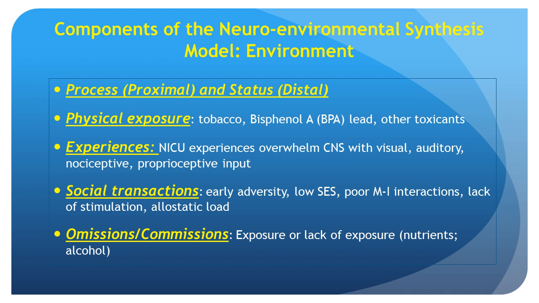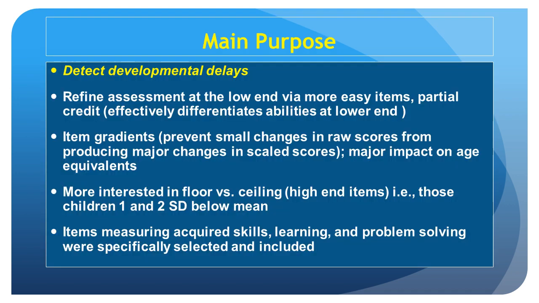And that means that the testing should not measure stuff or tasks or skills that the child does in their everyday environment, because that's going to put some children at a distinct advantage and others at a distinct disadvantage.